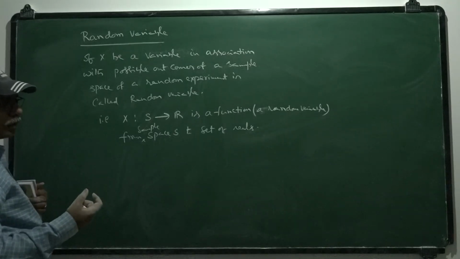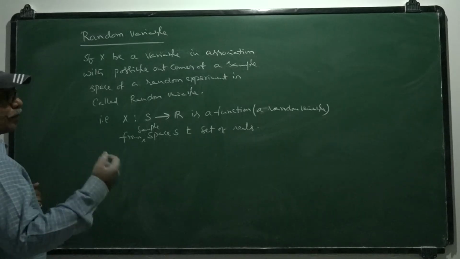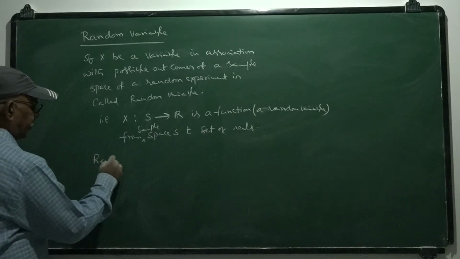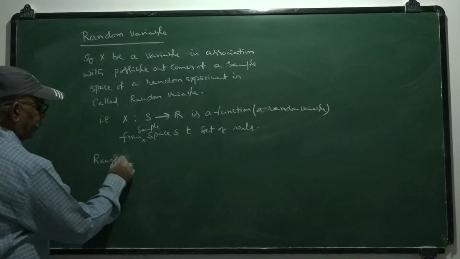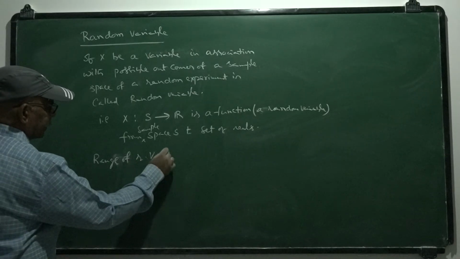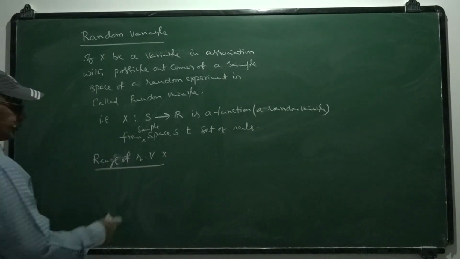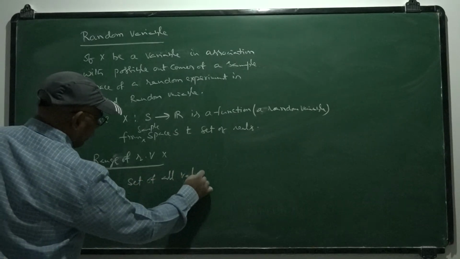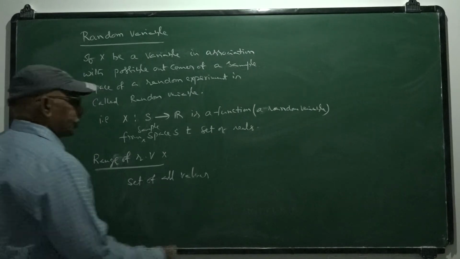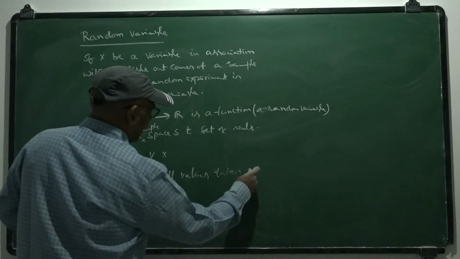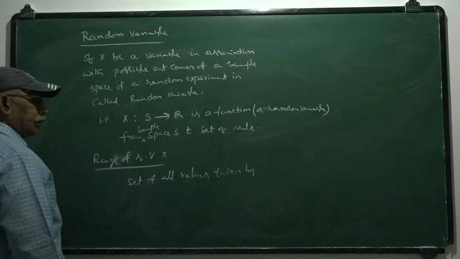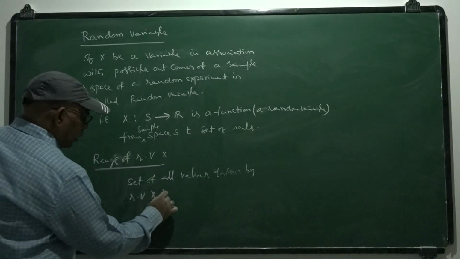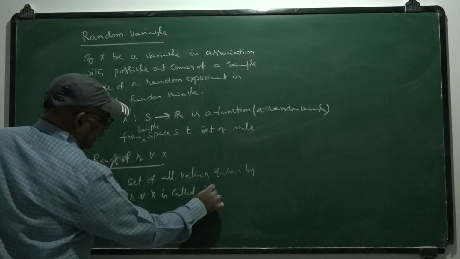The set of values of a random variable is called the range of the random variable. That is, the set of all values taken by the random variable X is called its range.